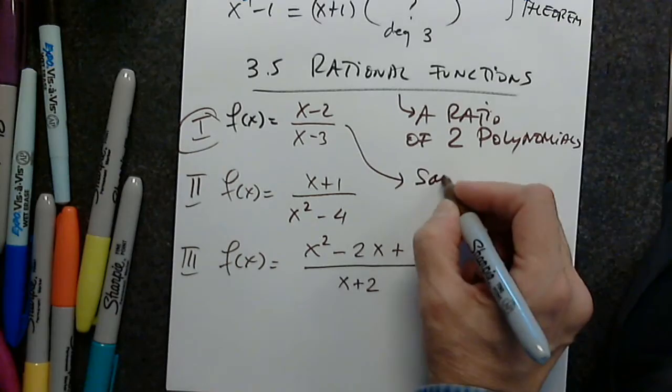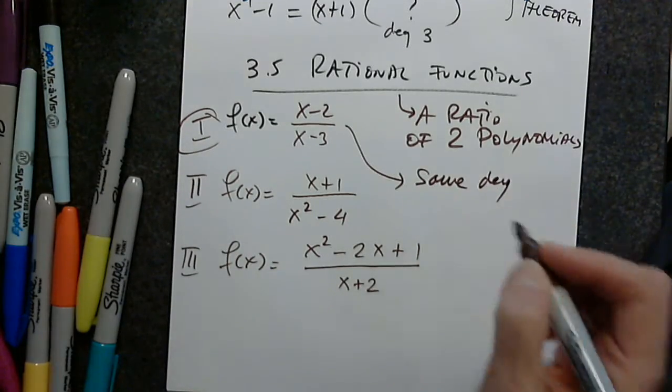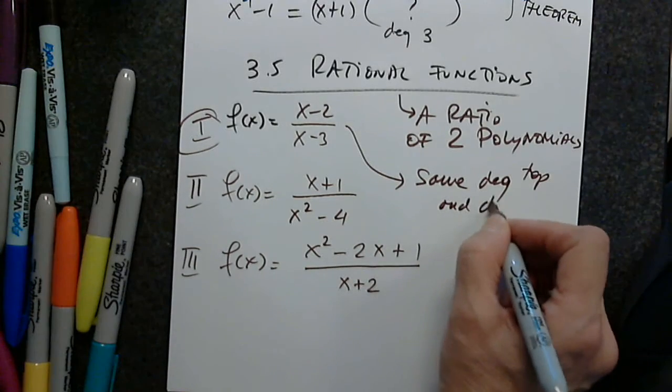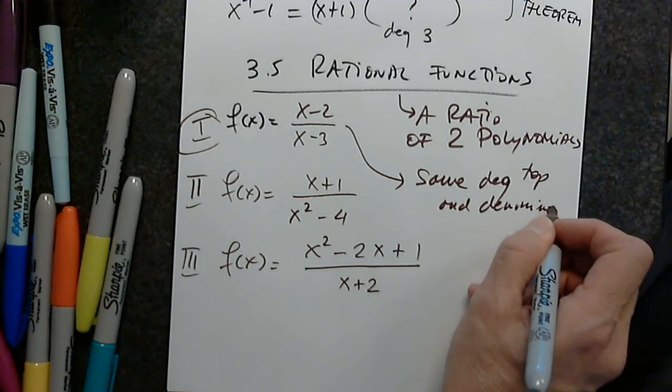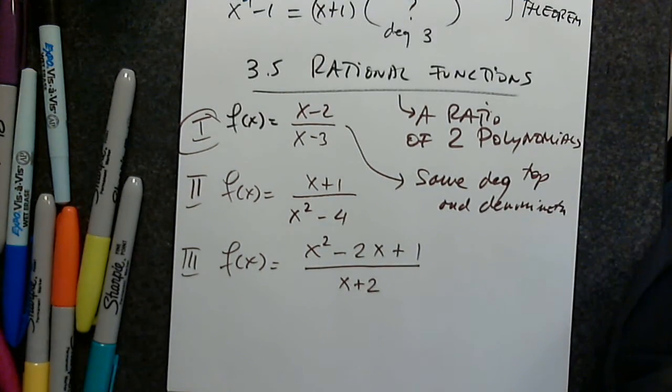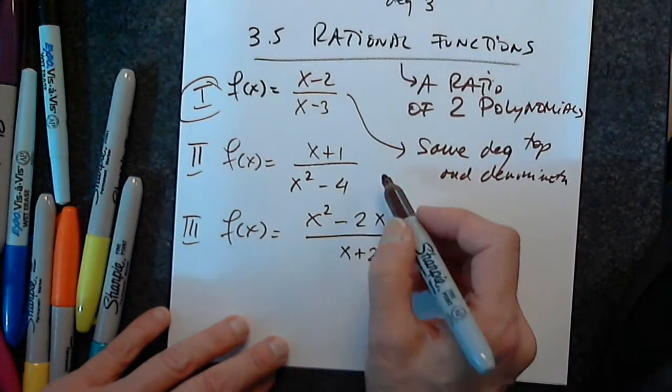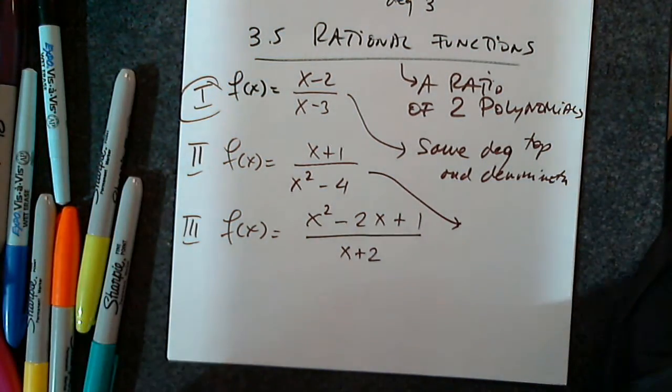So same degree, top and denominator. That's type 1. It can be degree 1 over degree 1, degree 2 over degree 2, degree 3 over degree 3, as long as it's the same degree over the same degree.